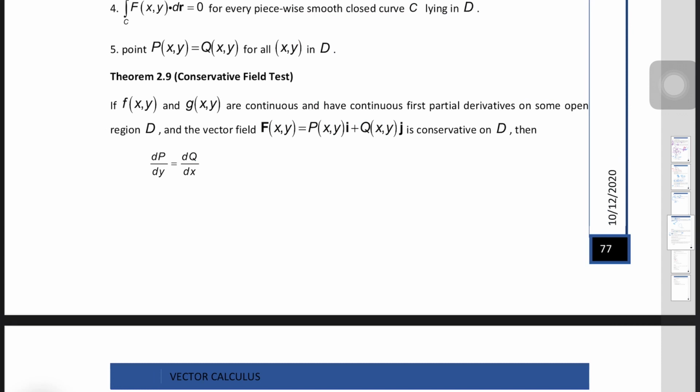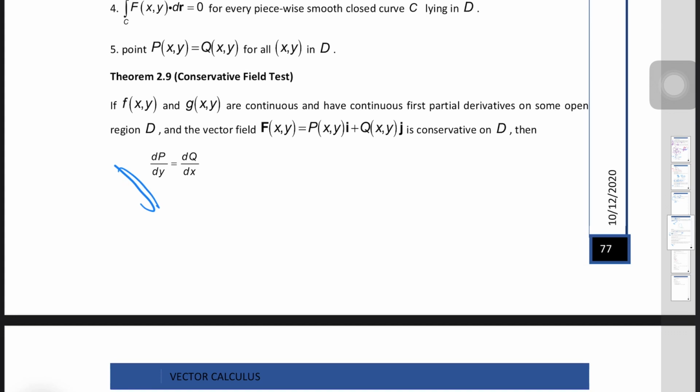Conservative field test. Okay, if P(x,y) and Q(x,y) are continuous and have continuous first partial derivatives on some open region D, and the vector field F(x,y) equal to P(x,y)i plus Q(x,y)j is conservative on D, then dP over dy equal to dQ over dx. So ini adalah dP over dy equal to dQ over dx.